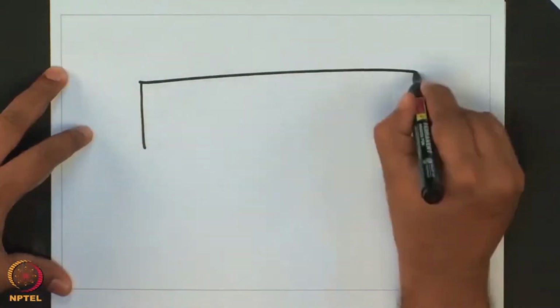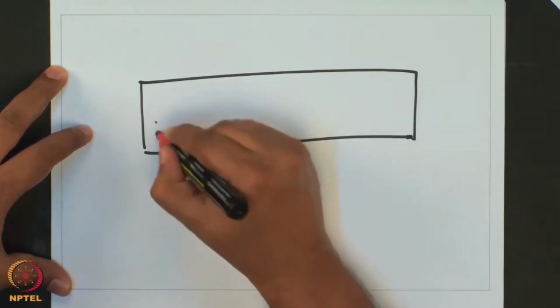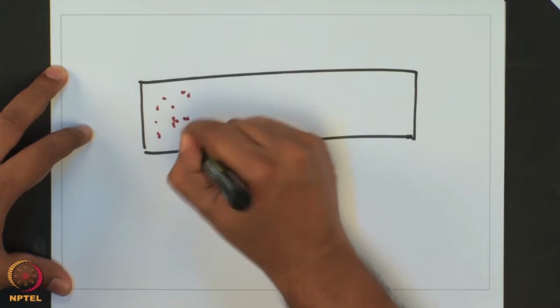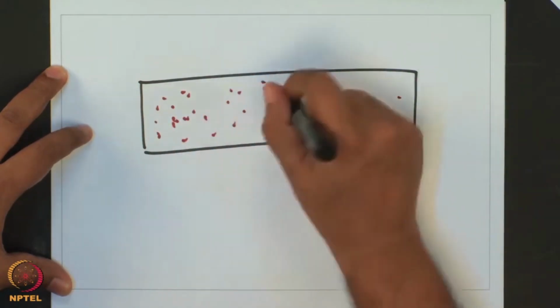So the question that biologically one needs to pause and ask is, imagine that you have a concentration gradient like this, where, as we were discussing, you have high concentration here and low concentration here.